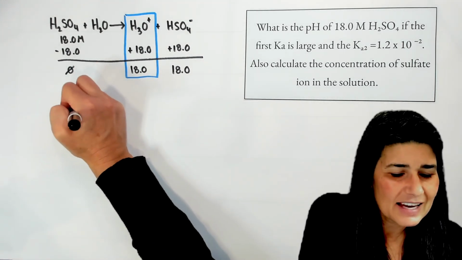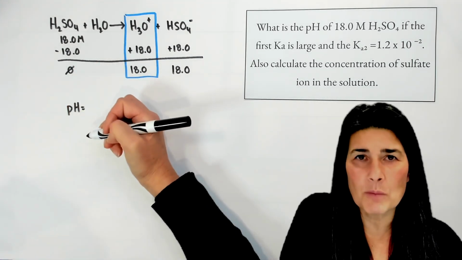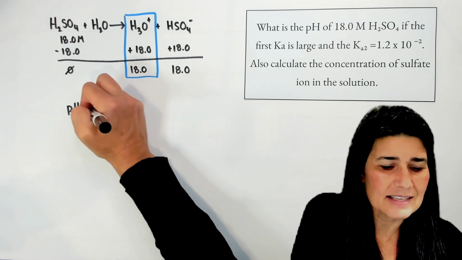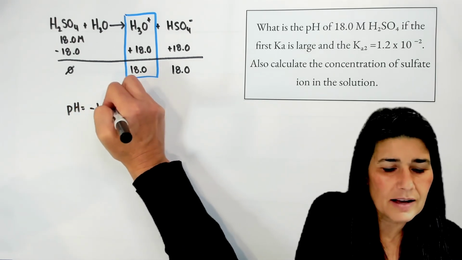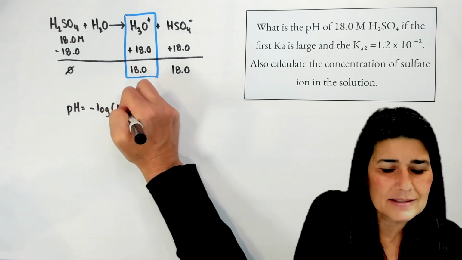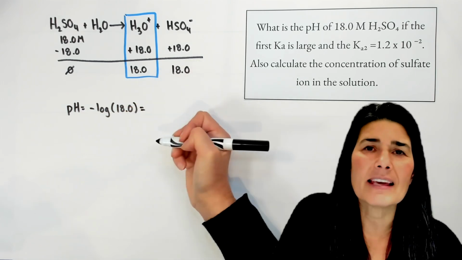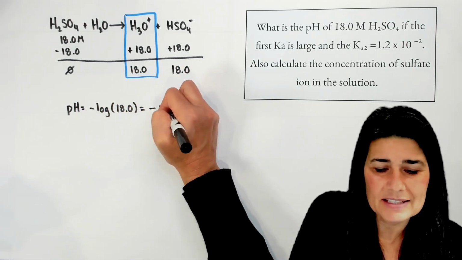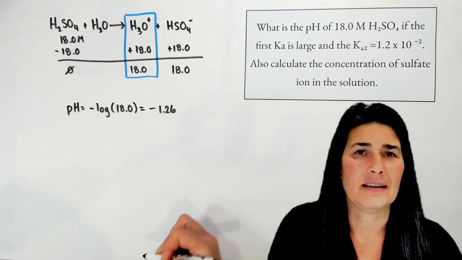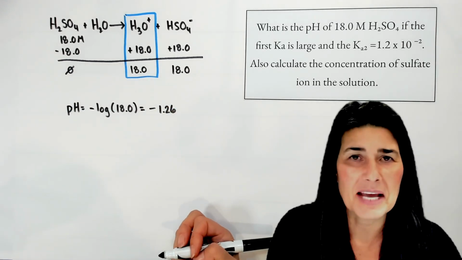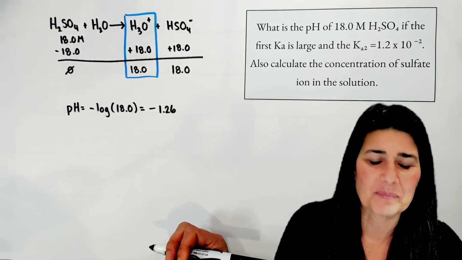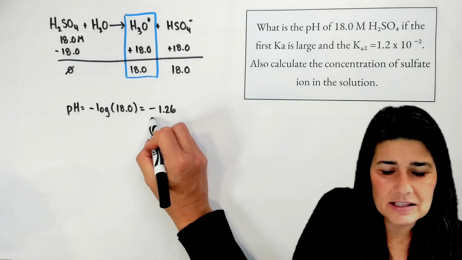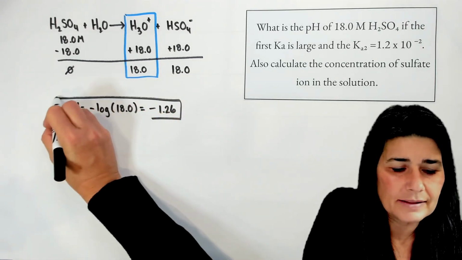The pH of 18 molar sulfuric acid is negative log of 18.0. That gives me a pH of negative 1.26. A negative pH? Yep, you can have a negative pH. So there is the answer for part 1.